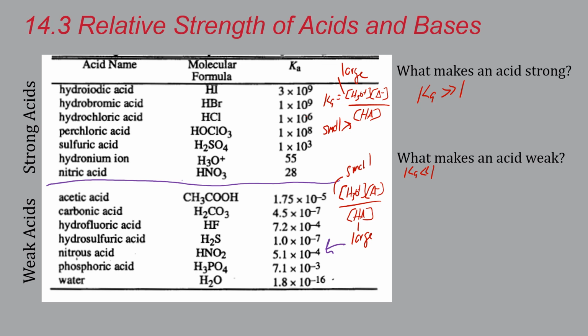So small numerator, large denominator, your result is going to be a small number. And these are 10 to the negative 3 all the way down to 10 to the negative 16.